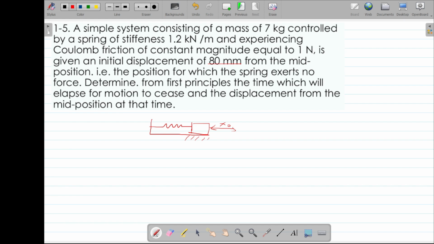Now when we release it, the body will move from right to left. Before that, when the body is moving from left to right, we have the spring acting in this direction, friction acting in this direction. From Newton's law, the sum of forces, so this is kx, this is F, is equal to mass times acceleration.